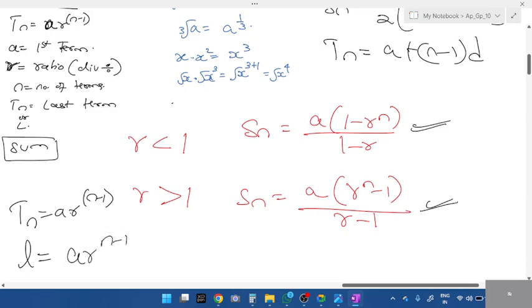Just make a note of this. Both are almost the same. The only difference is Tn and L. L is the last term. So somehow try to relate this. R is less than 1. This difference, if you want, I'll explain. First complete this, write this.